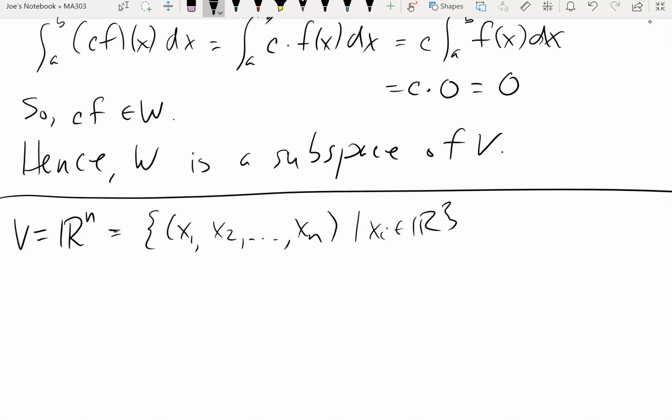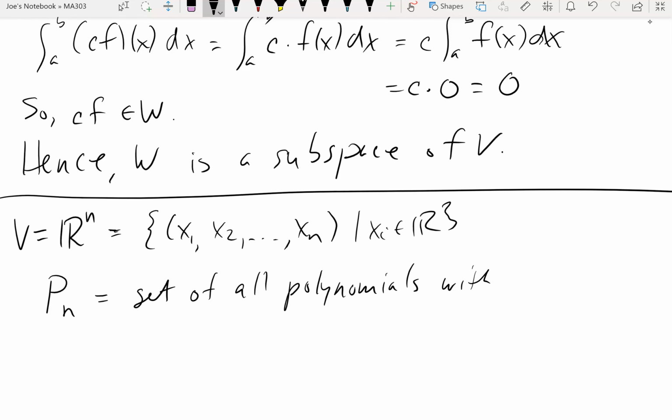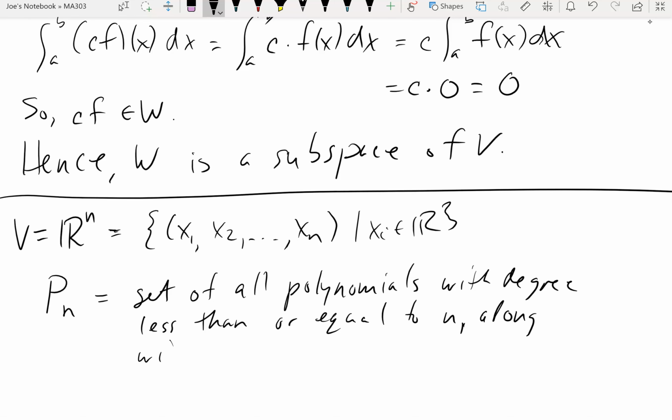Another one you'll see is P sub n. This is the set of all polynomials with degree less than or equal to n. And I have to be a little bit careful. I have to say along with the 0 polynomial.